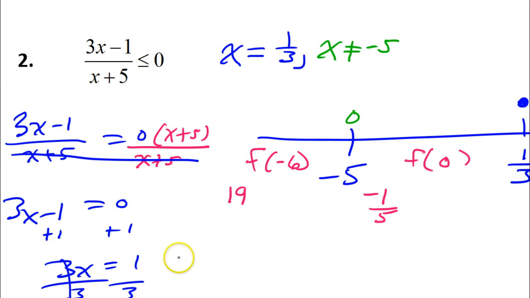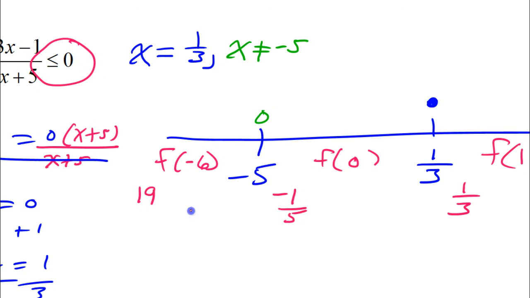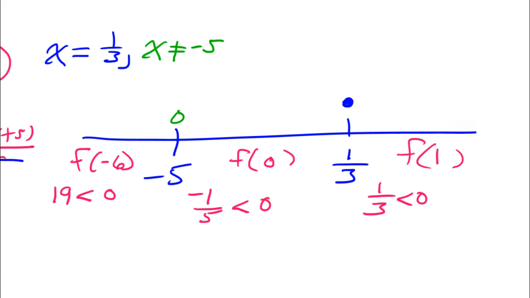And for this problem, we're asking ourselves, is it less than 0? So is 19 less than 0? Is -1/5 less than 0? Is 1/3 less than 0? Yeah, just X yourself out. So what's the yes/no pattern on this?